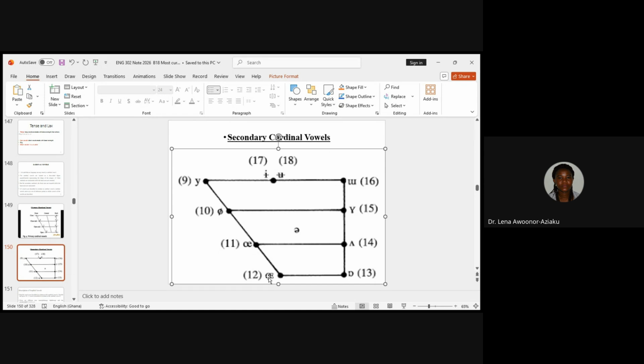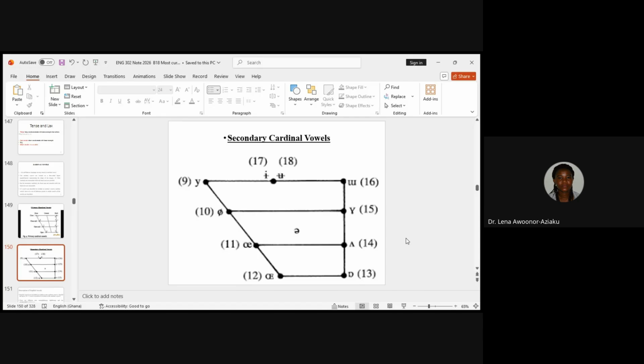You try to round the front vowel, and then you unround the back one. So the back ones are rather unrounded. That is for the secondary ones.